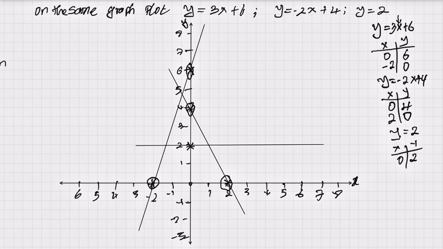So if you look at it, this was our first line, which was y equal to 3x plus 6. This was our second line, which was y equal to negative 2x plus 4. And this was the last line, which was y equal to 2.